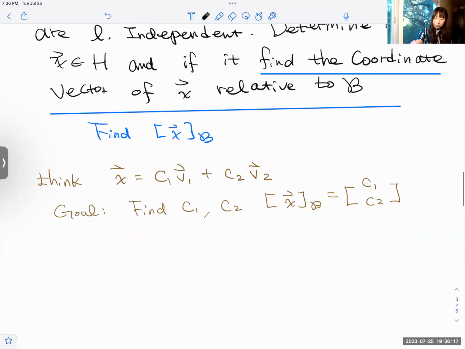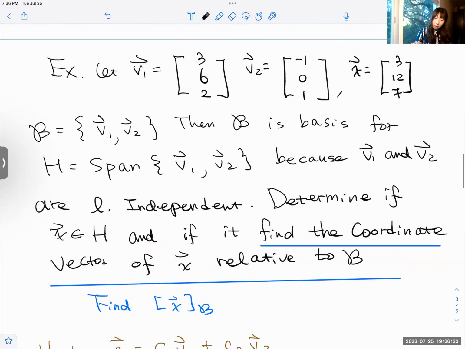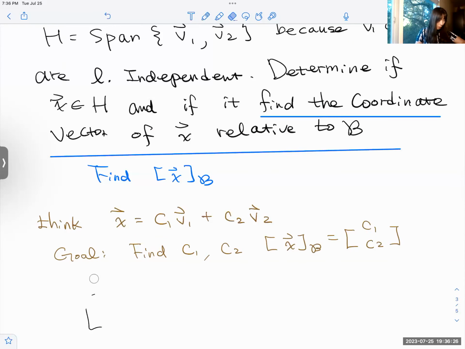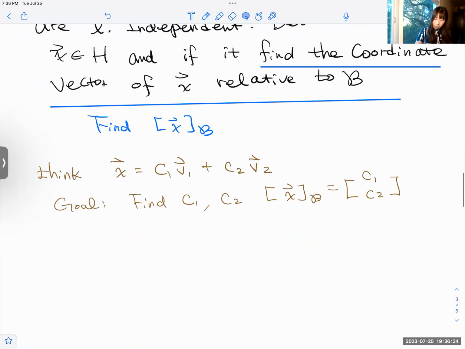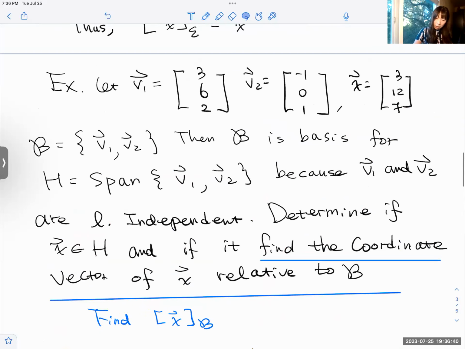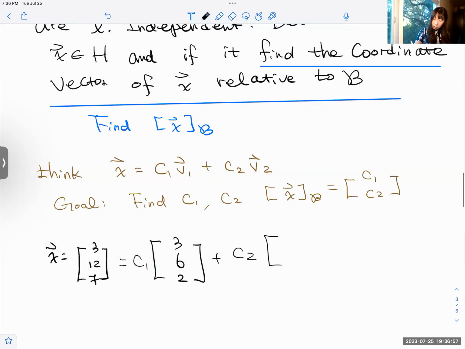Okay, now x, let me just copy. And b1, c sub 1 plus c sub 2, (-1, 0, 1).